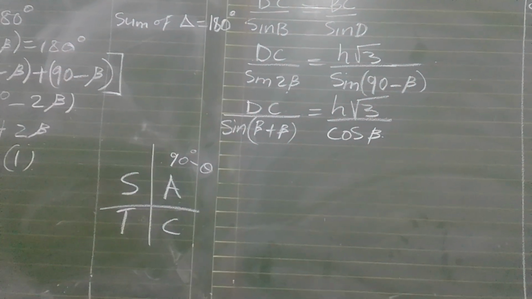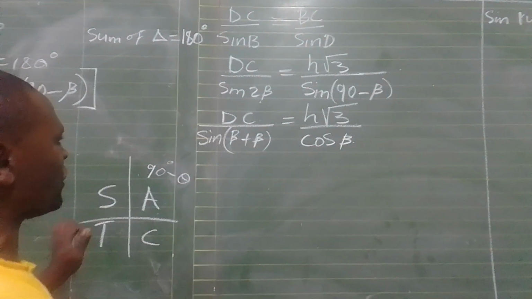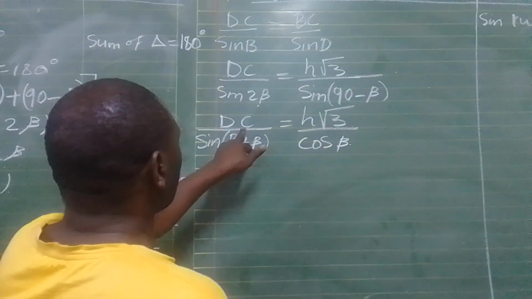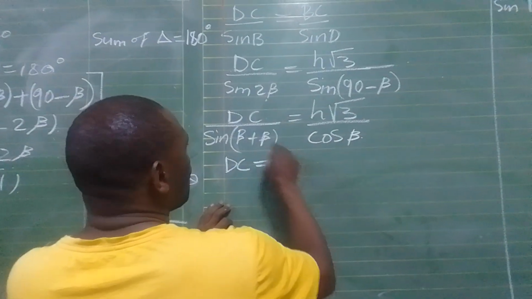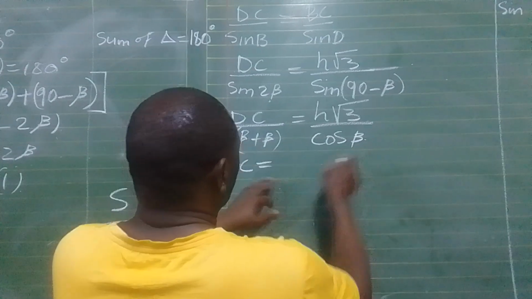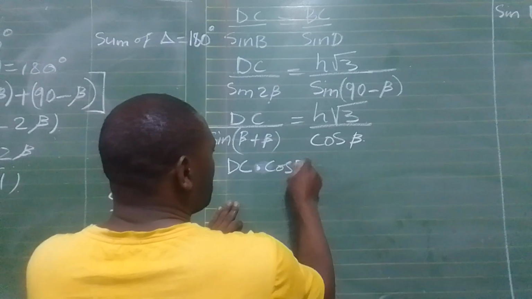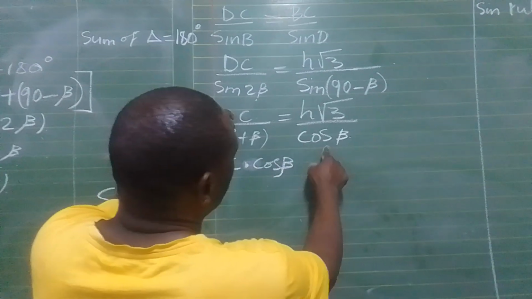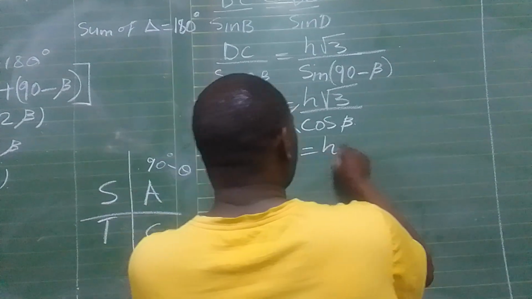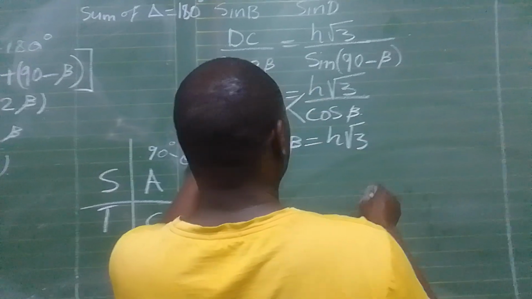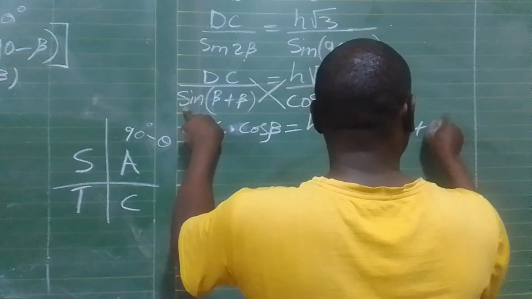Now everything that we have done here, we need just to work a little bit here, and the DC will come out automatically. Let's just take DC. Let's cross multiply first: cos beta multiplied by DC is equal to h root 3 sine of beta plus beta.